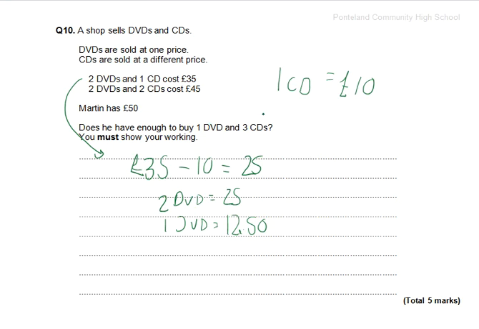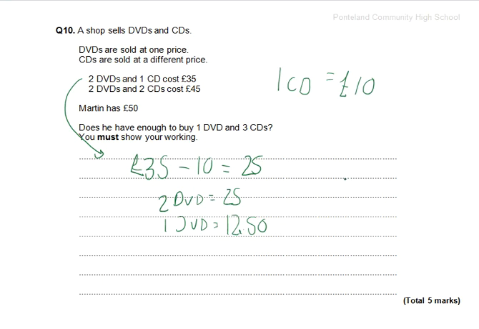Just check it works. 12.50 plus 12.50 ends up being 25. 25 plus 10 makes 35. In the other one, 12.50 plus 12.50 makes 25, plus 10 makes 35, plus another 10 makes 45. So that does work.